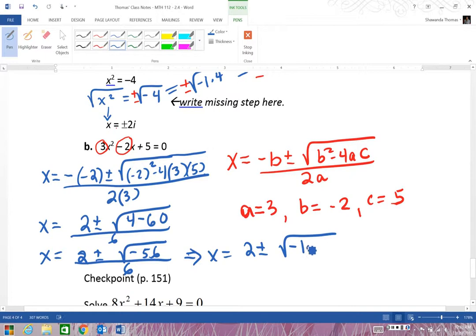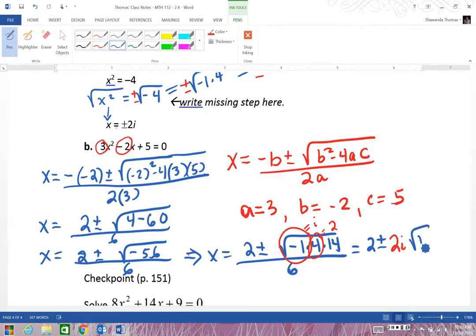I have a negative 1 in there, I got a 4, I got a 14, divided by 6. So that's 2 plus or minus square root. Well, let's take out the i. Since square root of negative 1 is i, and the square root of 4 is 2, let's take out 2i square root of 14 over 6.